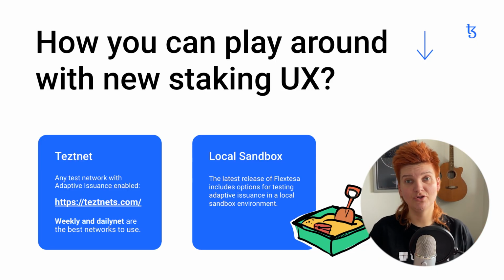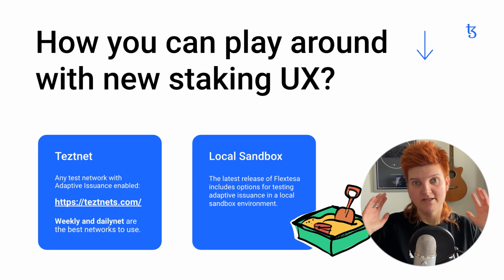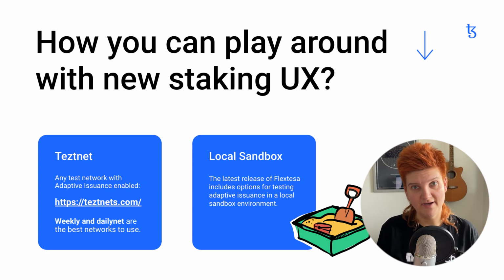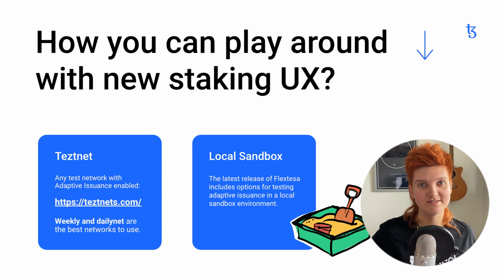So today we're going to use the Tezos sandbox. It's the local sandbox environment for you to use and learn how to play around with the new staking mechanism with adaptive issuance on. So why are we using it instead of, for example, the testnets like Ghostnet?